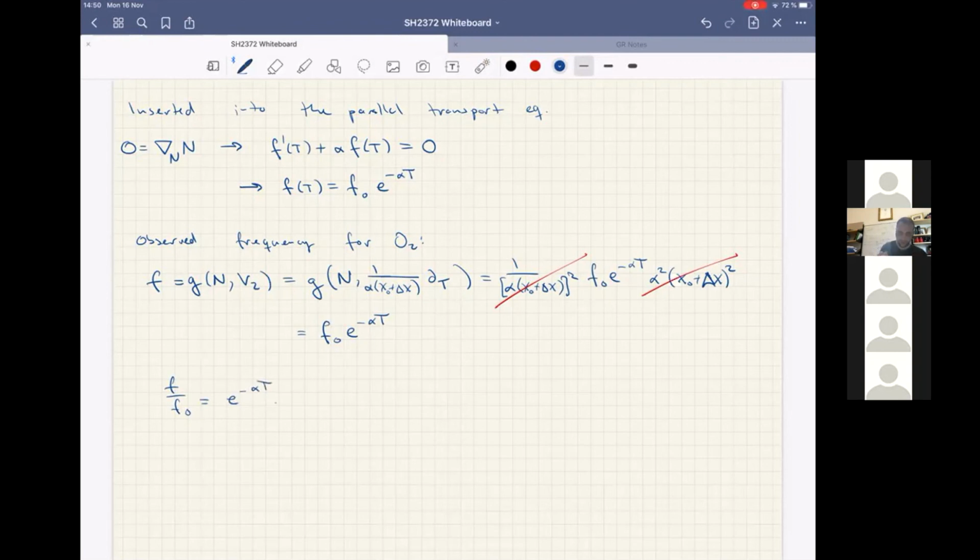Depending on whether this is larger than or smaller than 1, well, it's going to be smaller than 1. So we're going to have a redshift because the frequency becomes smaller. Any questions on that computation?